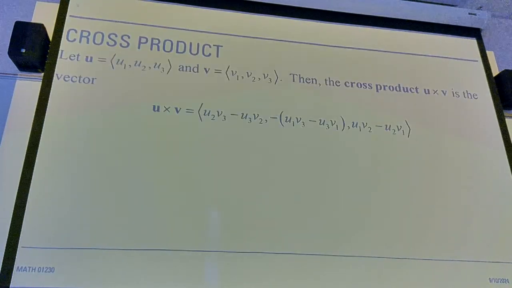So next we get to look at the cross product. Two vectors, u1, u2, u3, v1, v2, v3. The cross product, u cross v, is a vector.